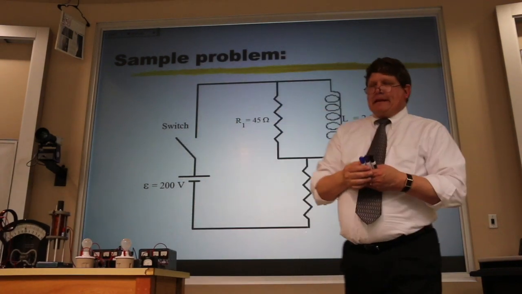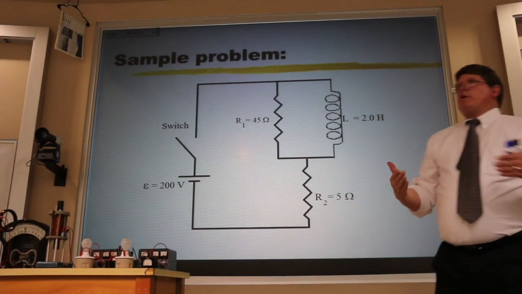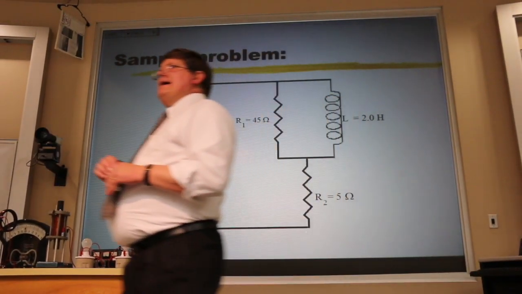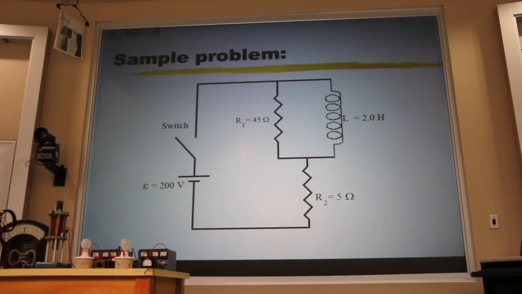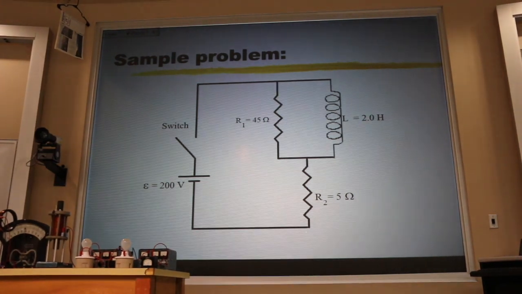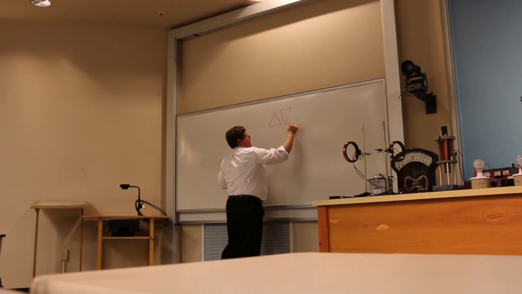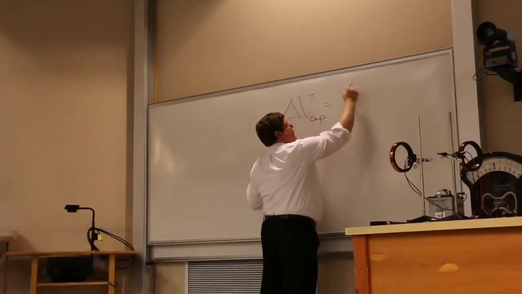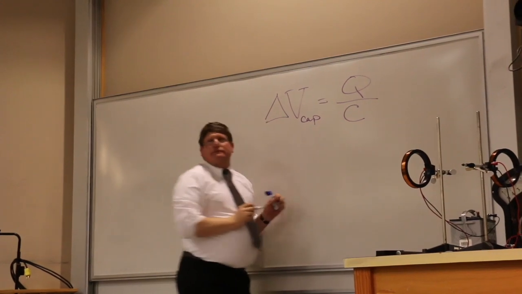Now, what we're going to find is that an inductor acts exactly the opposite of a capacitor. You remember that for a capacitor, the voltage across the capacitor depended on how much charge was in the capacitor.